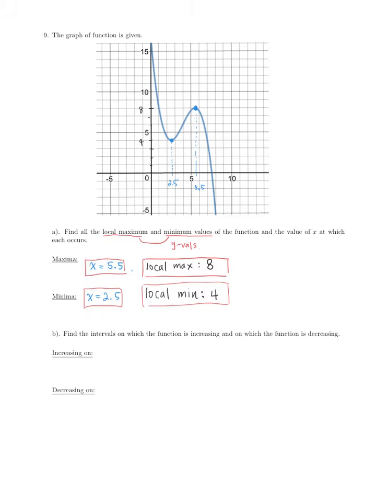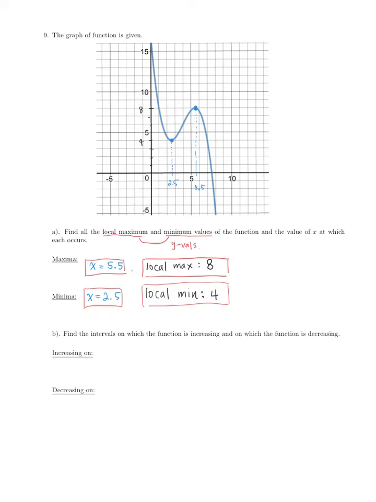All right. Now find intervals on which the function is increasing and which the function is decreasing. So of course, increasing and decreasing change at the local max and local min. So let's go with increasing. Now the function is increasing from where? x equals 2.5 to x equals 5.5.